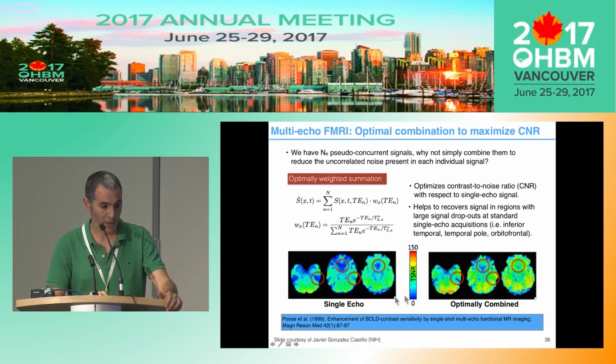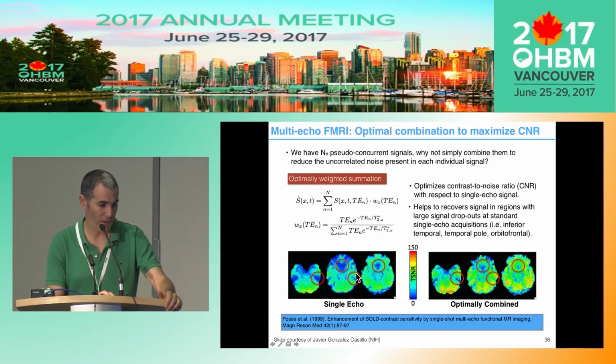And you can see in these temporal SNR maps that the signal is improved in these areas compared to a single echo acquisition.